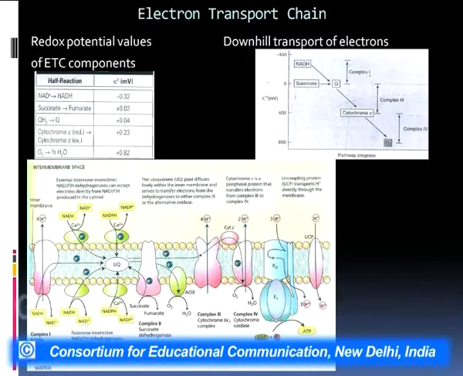And this journey is seen in the form of islands of different types of carriers of electrons, starting from the first complex to the 4th, and ultimately the 5th complex which has F0 and F1 particles, they are the oxysomes or the respiratory assemblies, where ATP synthase is present, and this very complicated enzyme complex ultimately gives rise to ATP, and this is what is called oxidative phosphorylation.